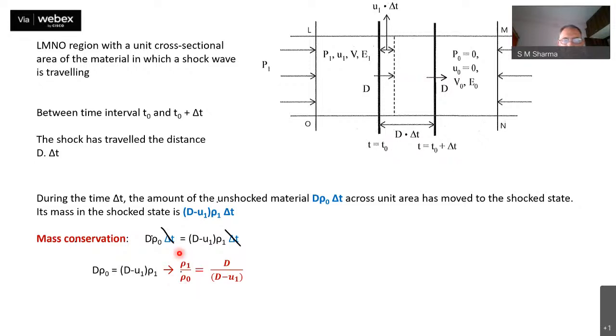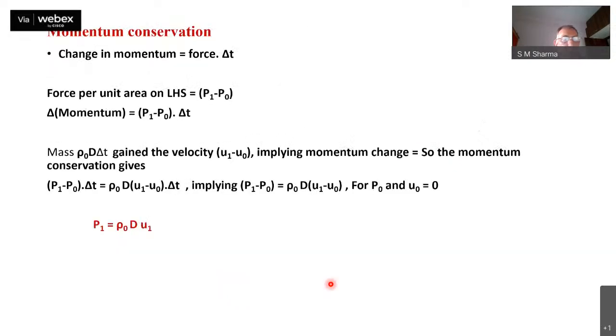Incidentally, rho is a density in a general sense, but one can define it as a specific density, so it will be the inverse of volume. If you put it in the form of volume, it becomes V naught by V1 is equal to D divided by (D minus u1).